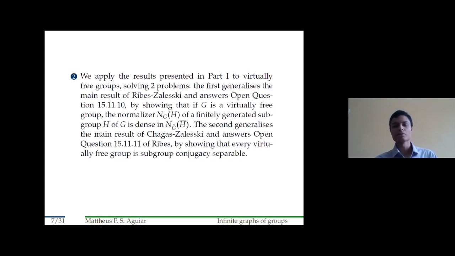The second generalizes the main result of a paper by Chagas and Zalesski and answers open question 15.11.11 of the book of Ribes, the same book, by showing that every virtually free group is subgroup conjugacy separable.